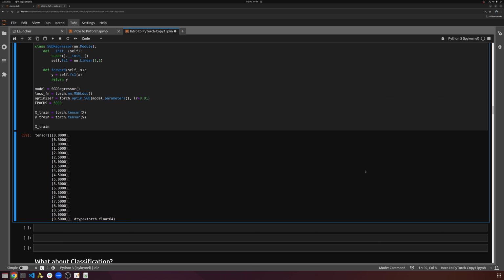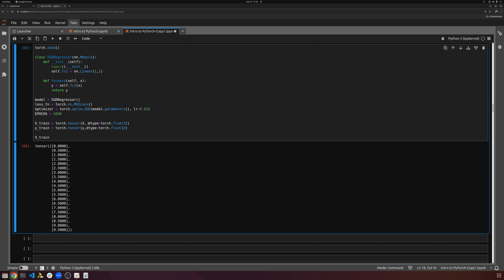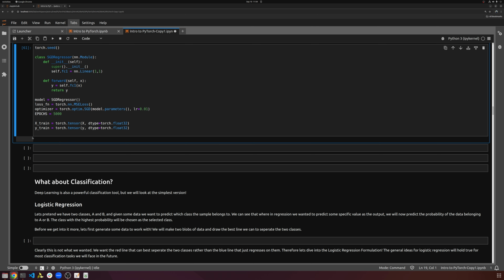Now, we don't need it to be float64. Float32 is more than sufficient, as the model is also defined in float32 precision. So we can do dtype equal to torch.float32, and just repeat that on the second one as well. Right, so we have float32 precision on our data.